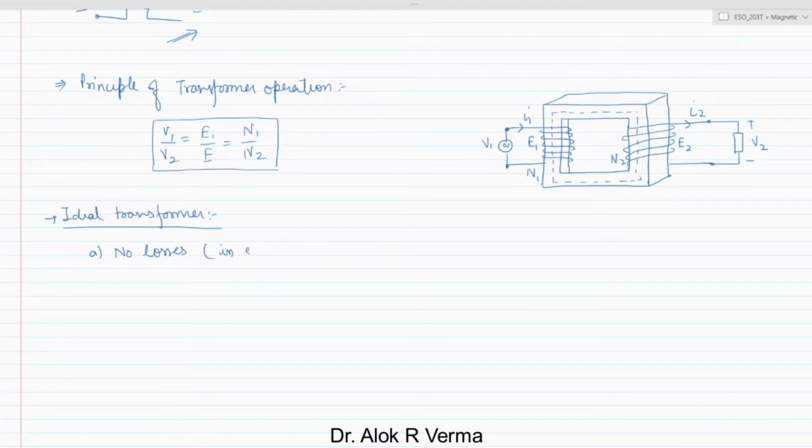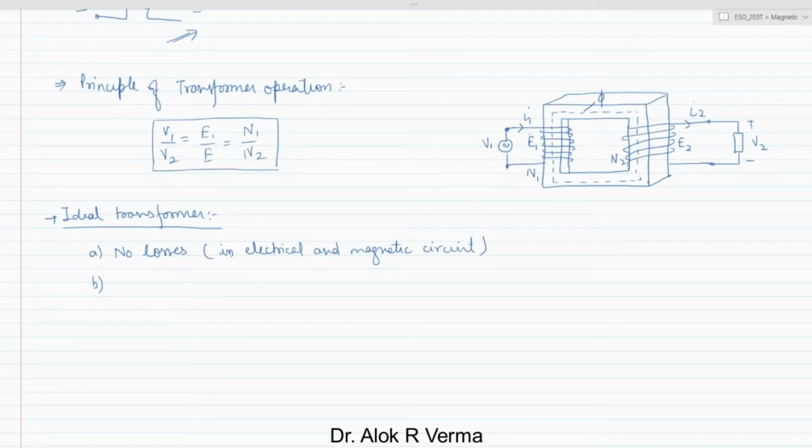So now next we'll extend that concept. Okay, so there are no losses. One assumption is that the whole flux, whatever the flux which is flowing, is linking to the other winding.